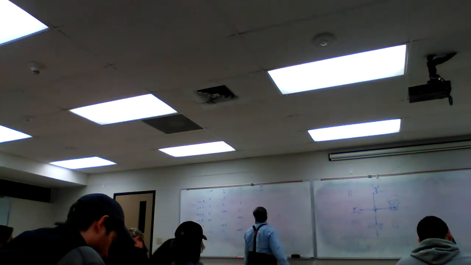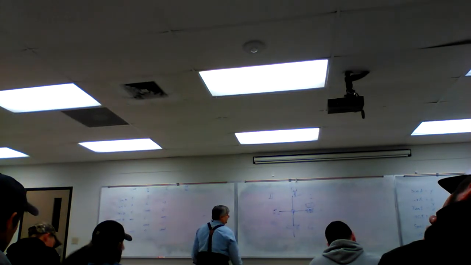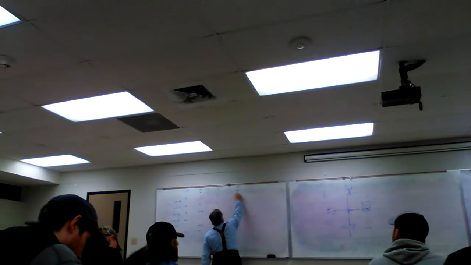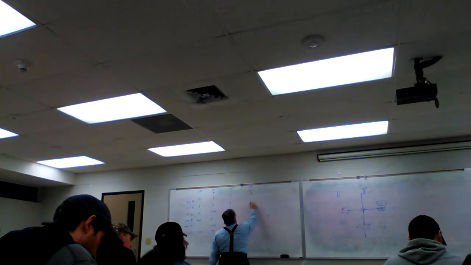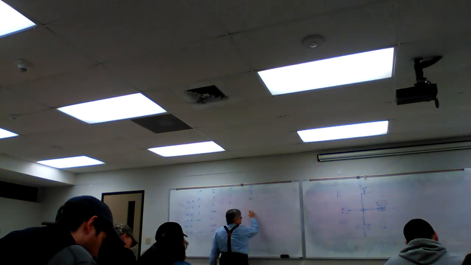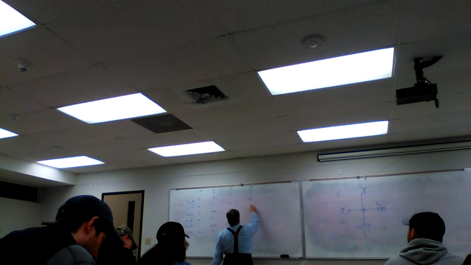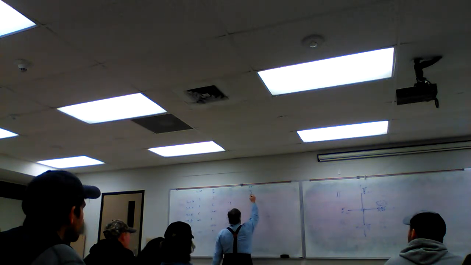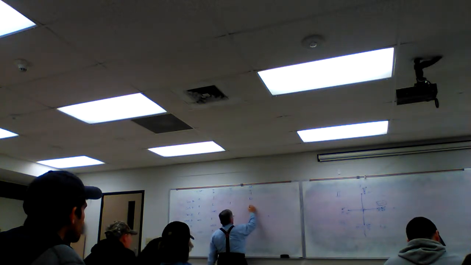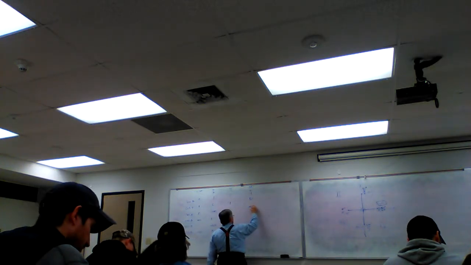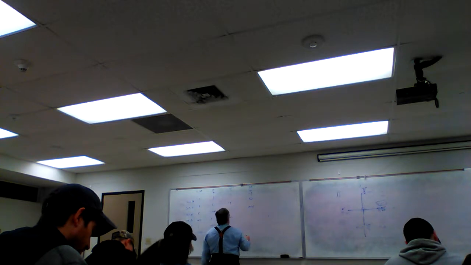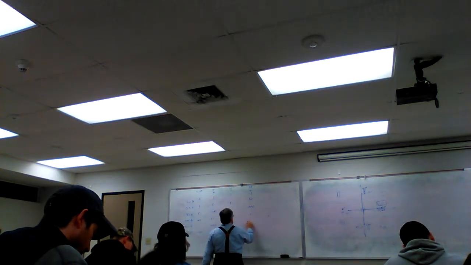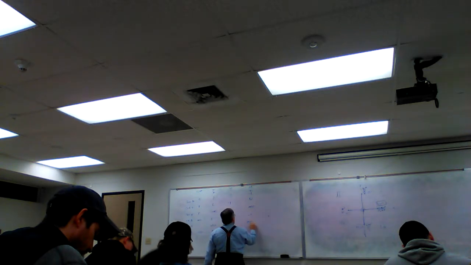3 pi over 2. Sine is negative 1. Cosine is 0. The tangent is negative 1 divided by 0, which is undefined. The cosecant is negative 1. The secant is undefined.